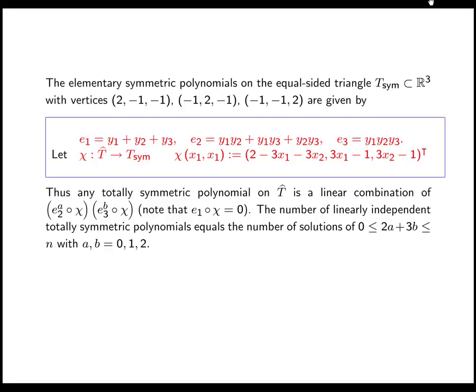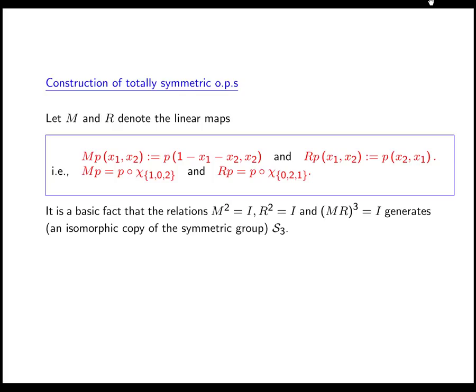And if you want in total polynomials of maximal degree n, they are all combinations of a and b such that 2a plus 3b is smaller than or equal to n. So it's clear that this is not such a smooth formula. Anyway, one can compute that, but for our purpose, this is not sufficient because we want to have the symmetric orthogonal polynomials. And well, then one has to do a little bit of module and representation theory.